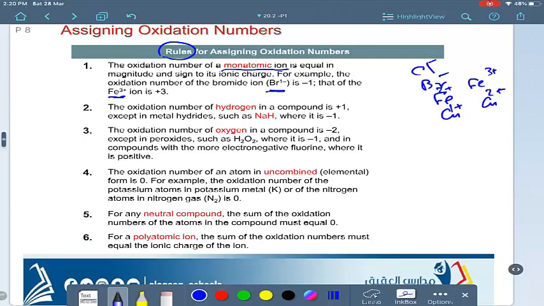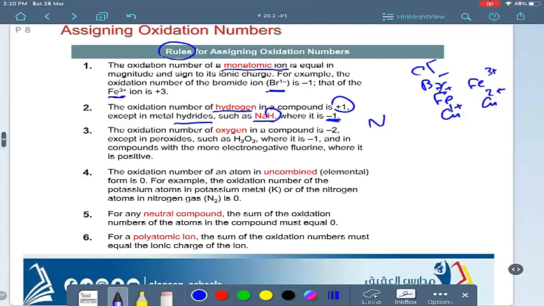What about hydrogen? Hydrogen, we know that it's a positive 1 because it has only one electron and it tends to lose it, so it's positive 1. Yes, but it has a special case. If the hydrogen is not in an acid or any compound, but in hydrides, like NaH, for example, at this moment only hydrogen is negative 1.